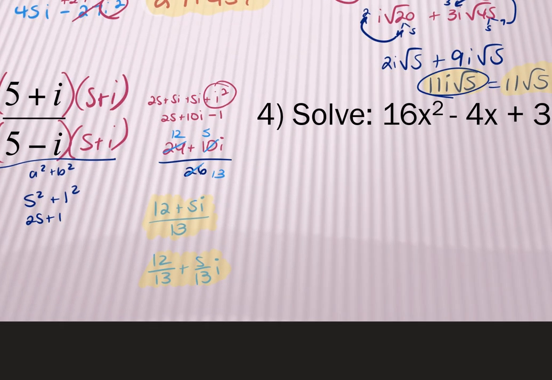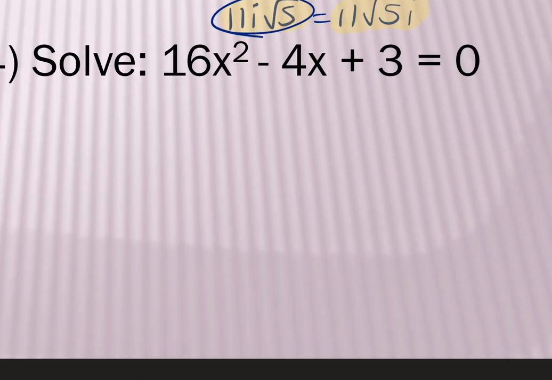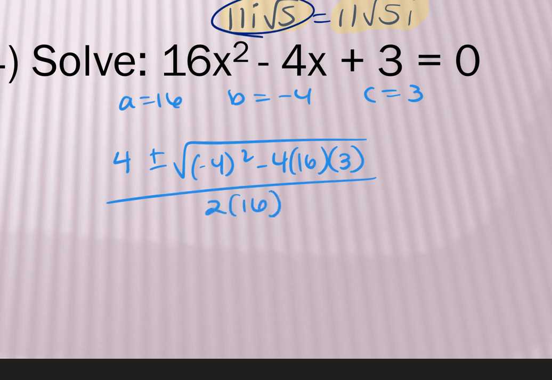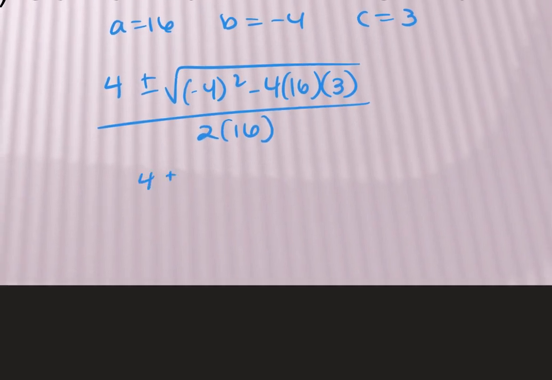All right, then 4 is your quadratic. So a is 16, b is negative 4, c is 3. Negative b would be 4 plus and minus the square root of negative 4 squared minus 4 times a times c, all over 2 times a. 4 plus and minus the square root of 16.